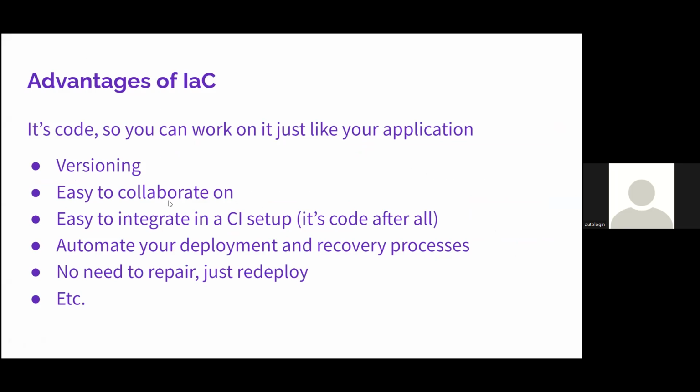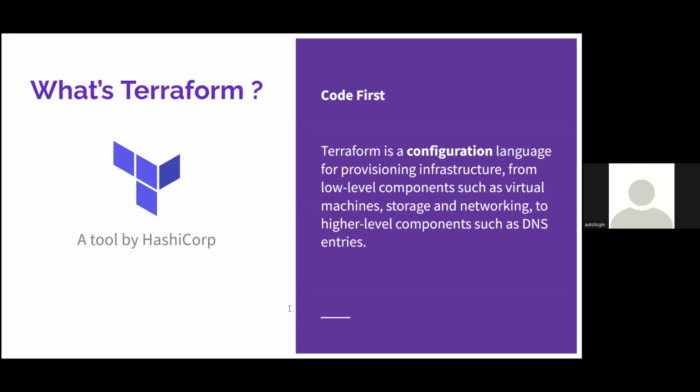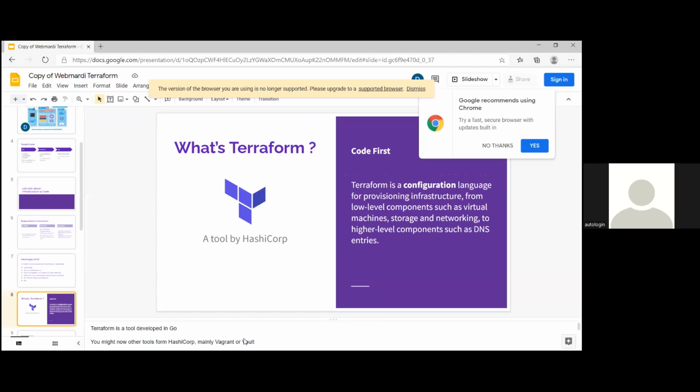We can allow other developers to collaborate easily across the whole process, from building and developing the application to deploying it, and making it easy to integrate on a bunch of CI platforms. In this case, we're just going to be using GitHub and GitHub Actions, and we're going to be automating this deployment as well. So, one sec, I'm just going to switch my screens and we can actually get started on the hands-on process.